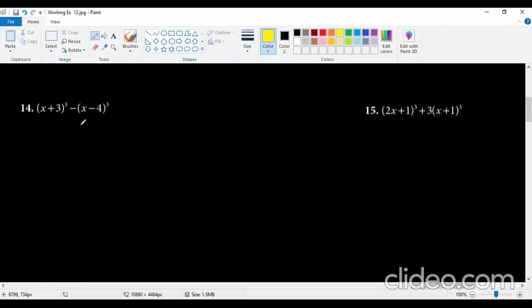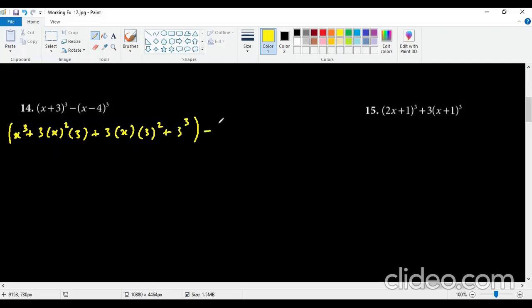Over here, two different formulas as before: (a + b) whole cube and (a − b) whole cube. So the first bracket is going to give us a³ + 3a²b + 3ab² + b³.